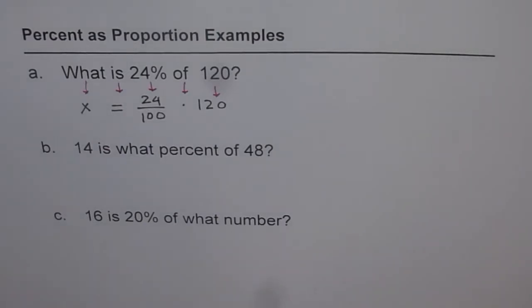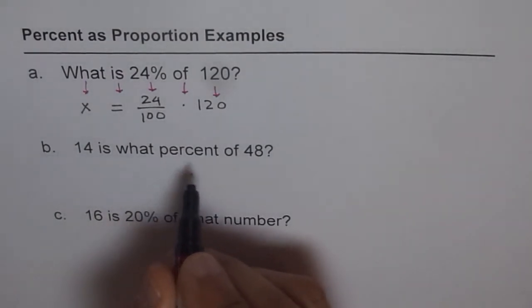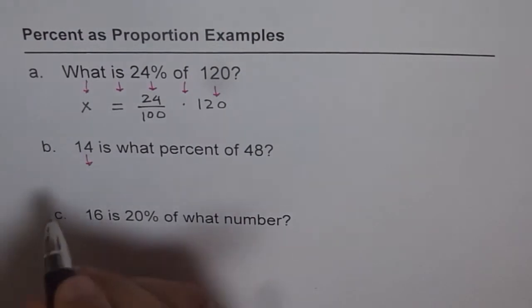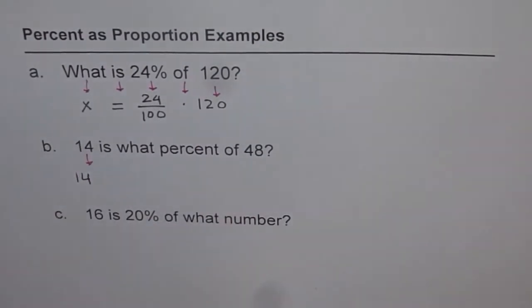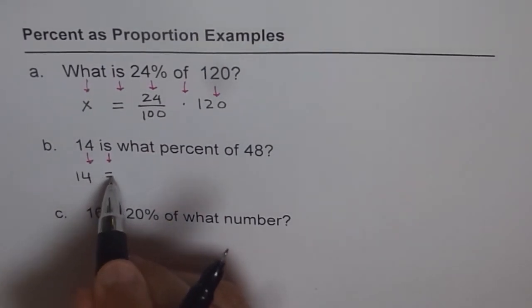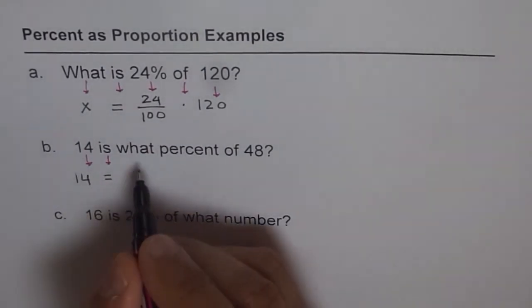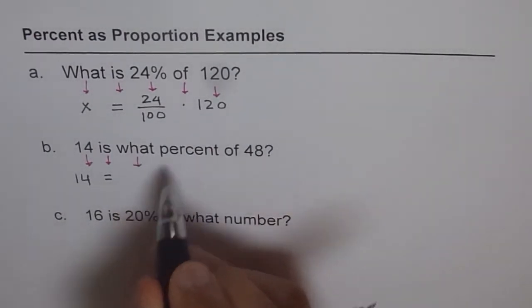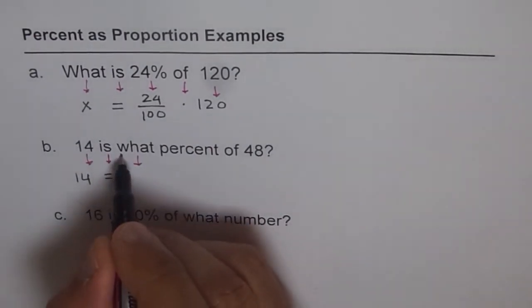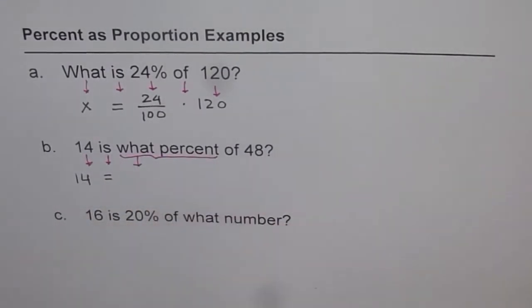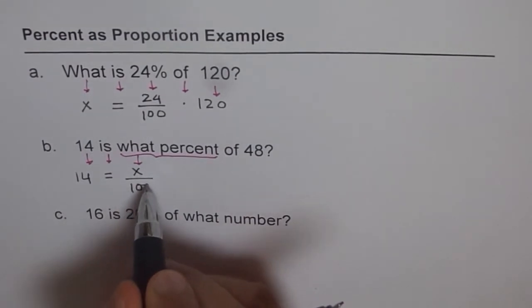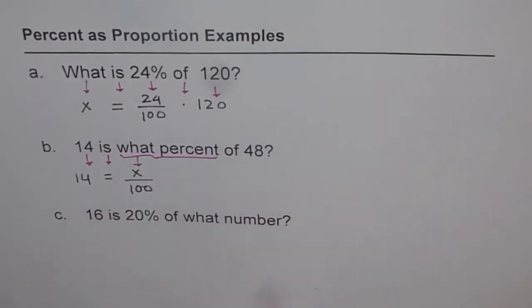Now let's go once again. 14 is what percent of 48? 14 means the number 14, okay, is equal to, right? So I'm going slow so that you can do the next one also. What is unknown? x. But this is what percent. So read it carefully and combine this. What percent? So we get x over 100.